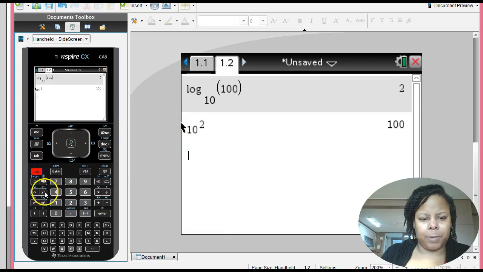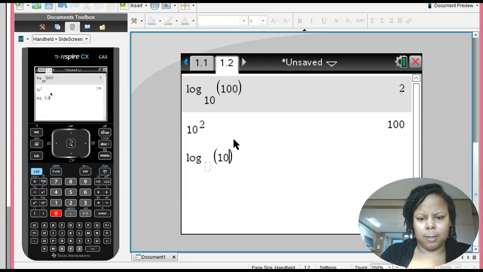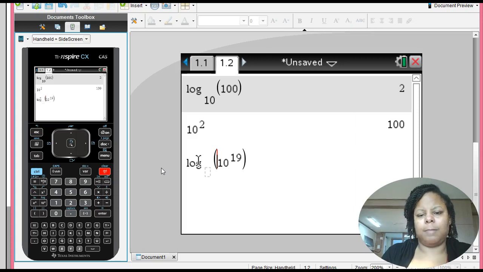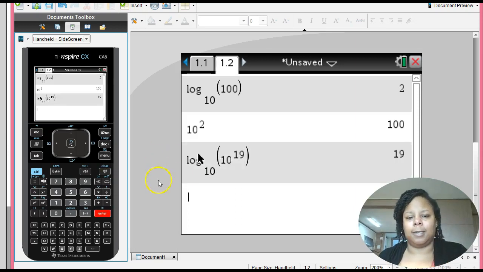If I want to test this out for, let's say, log of 10 to the 19th, oops, I made more 10s than I wanted, my answer is going to be 19.